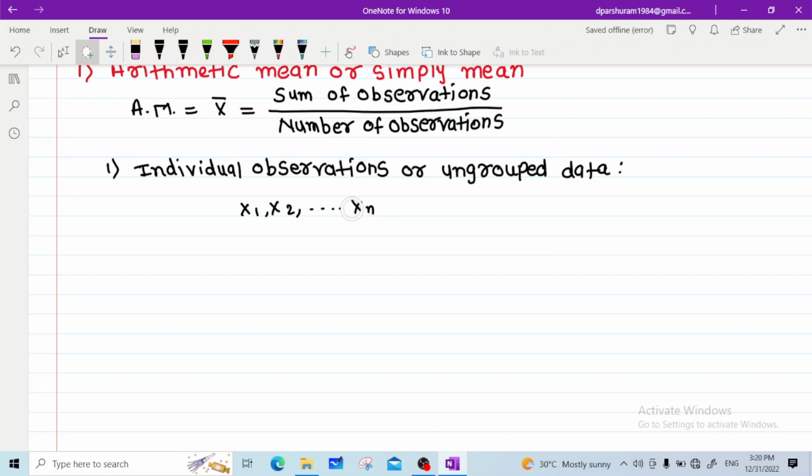Then arithmetic mean, that is x bar, is given by the formula x1 plus x2 plus up to xn, and for this data there are n observations, so divided by n.